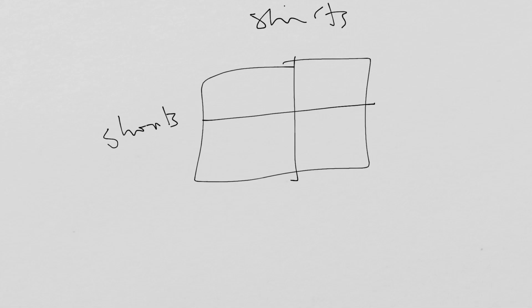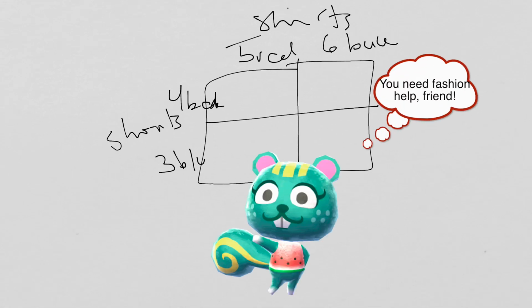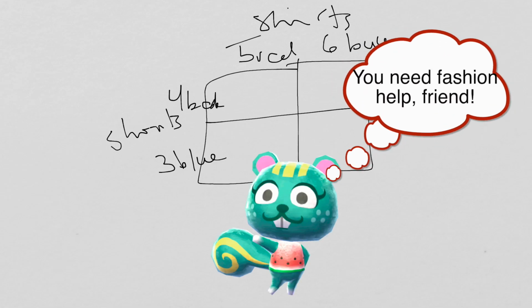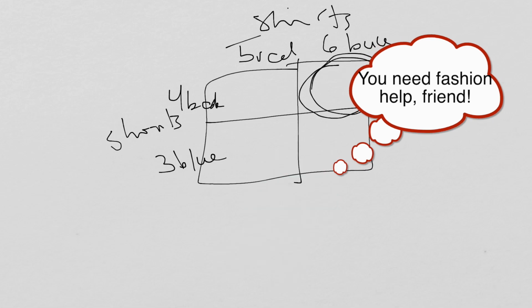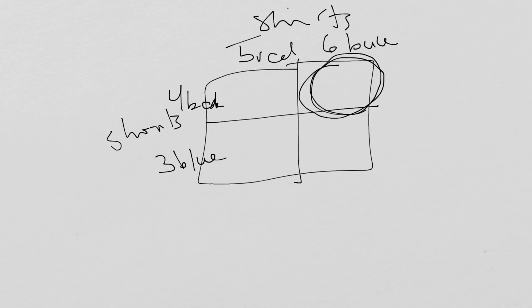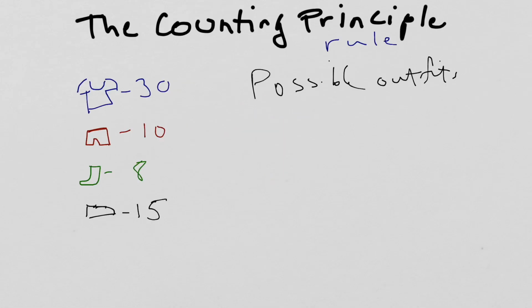If I had 5 red shirts and 6 blue shirts, and 4 pairs of black shorts and 3 pairs of blue shorts, then to find the number that goes right in here, you already know, based on how we've discussed probability, what to do with the 6 blue and the 4 black. We would multiply those.